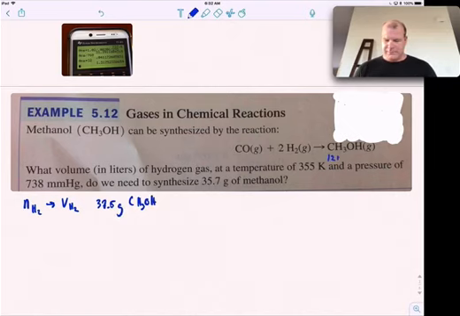Carbon is 12, 4 hydrogens, plus 16 for oxygen. That's 32 grams per mole. Mole CH3OH over 32 grams, so it's already there.